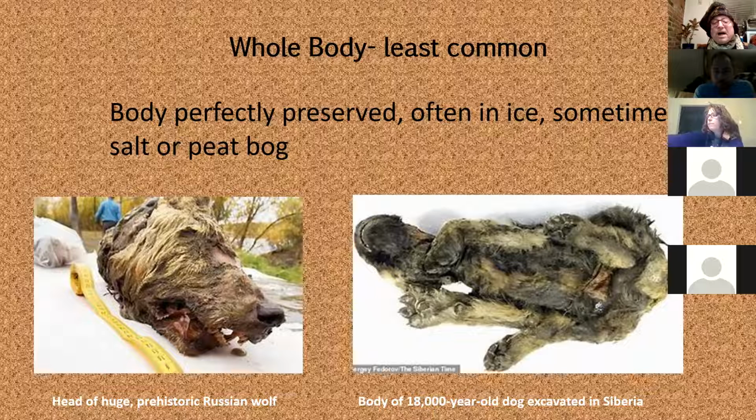And this is where the body is perfectly preserved, often in ice, sometimes in salt licks. Occasionally, they are found in places in Great Britain in peat bogs that are being cut up, and I don't think mined is the right word, but they're being cut up and removed to sell for fuel.